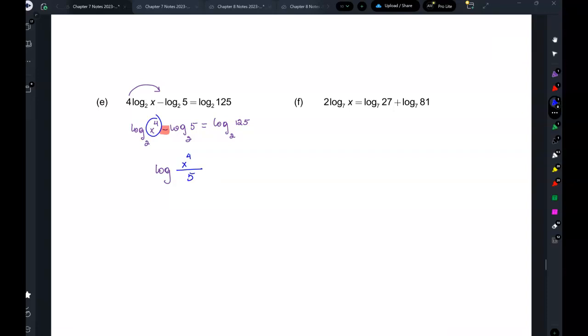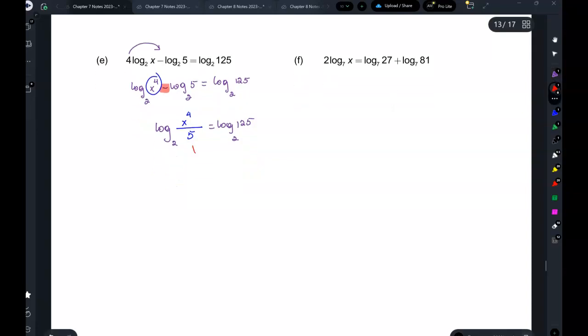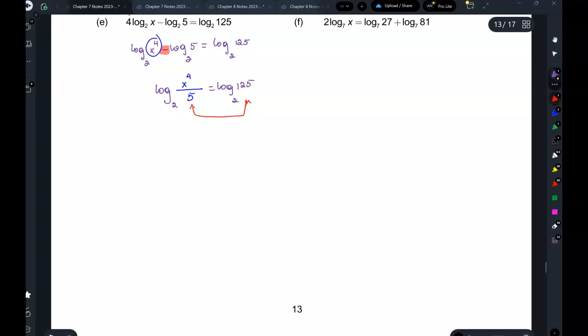Because there is a subtraction, equals log base 2, I forgot the 2 here, of 125. Now, 1 log, 1 log, what do? Set them equal to each other. So I get x to the 4 over 5 equals 125.